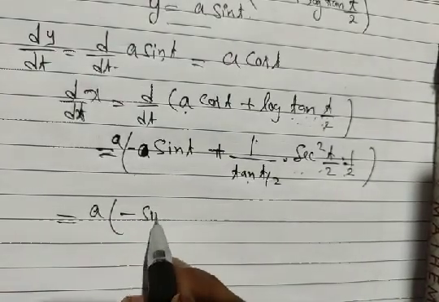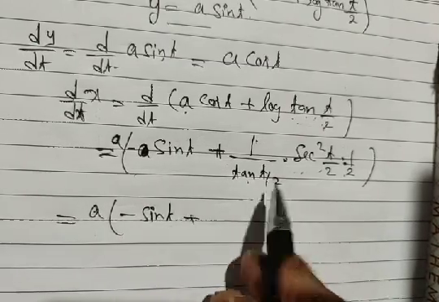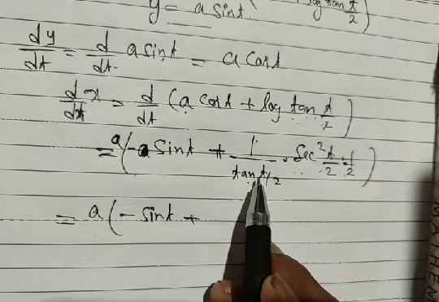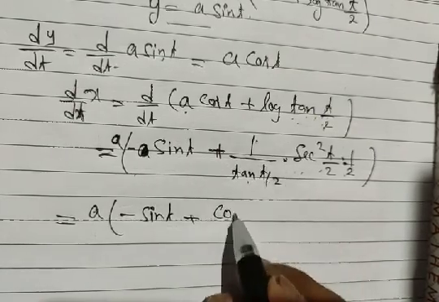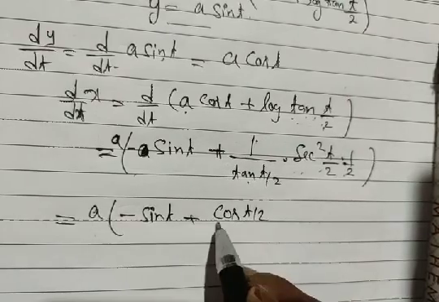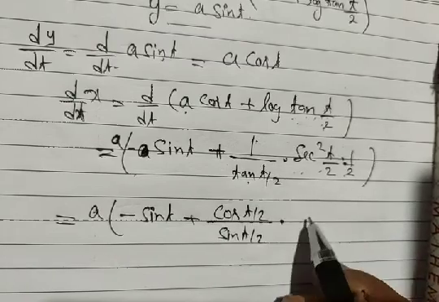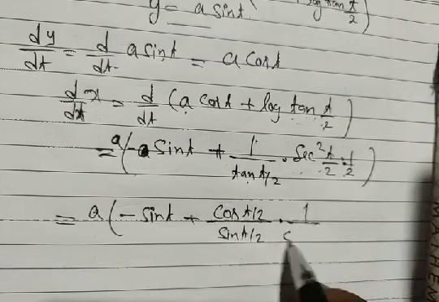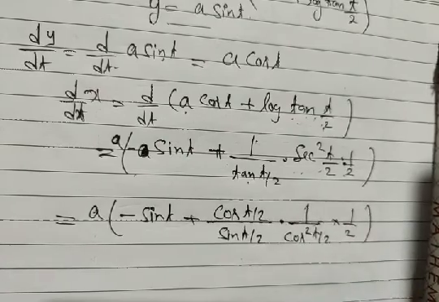Now what do we have? We have a, minus sin t, plus, look, we can write tan(t/2) as sin(t/2) upon cos(t/2). Then we are going to write down cos(t/2) upon sin(t/2). Then our sec²(t/2) is written as 1 upon cos²(t/2) into 1/2.